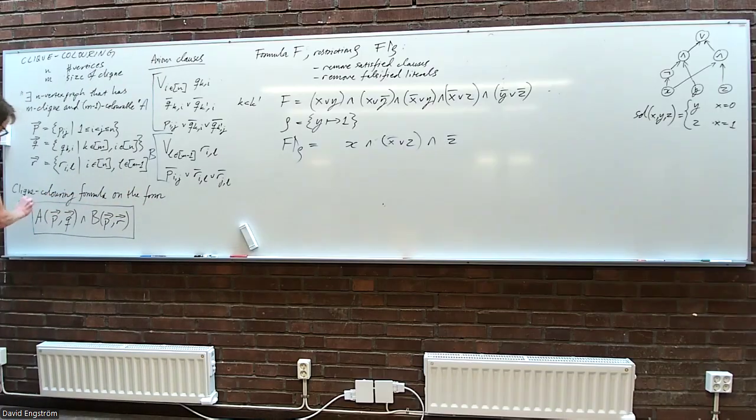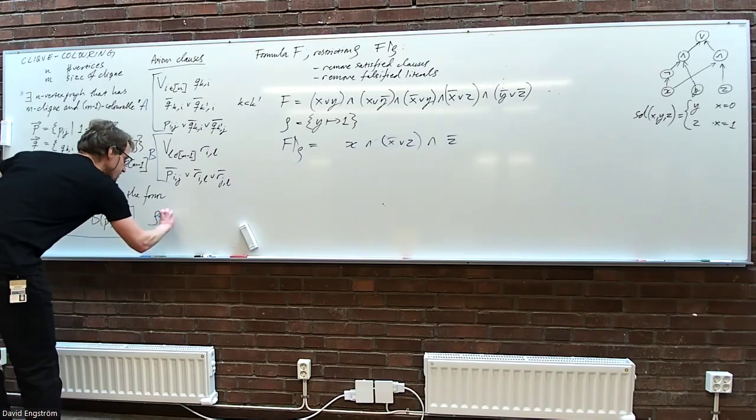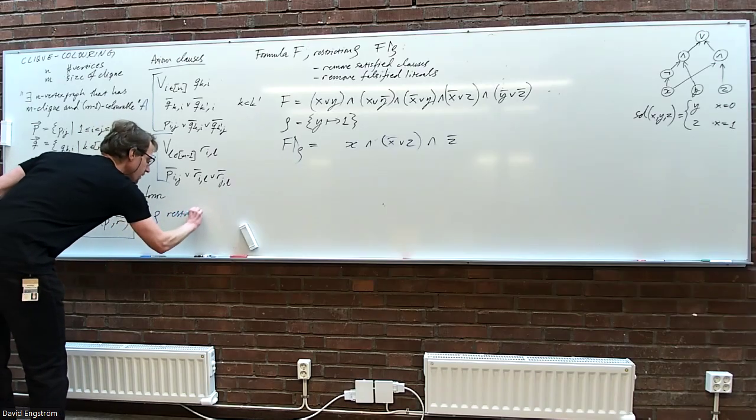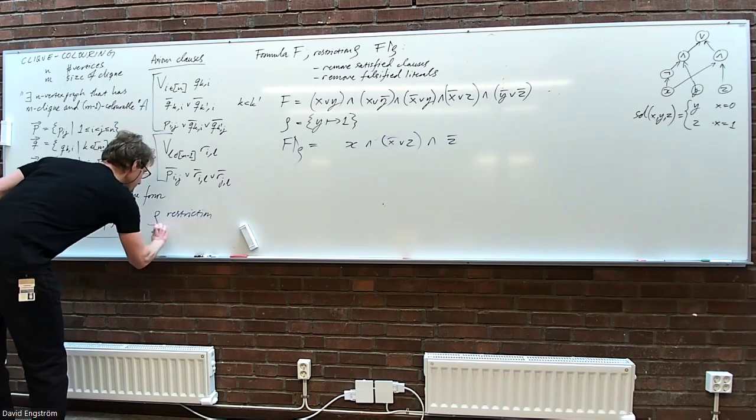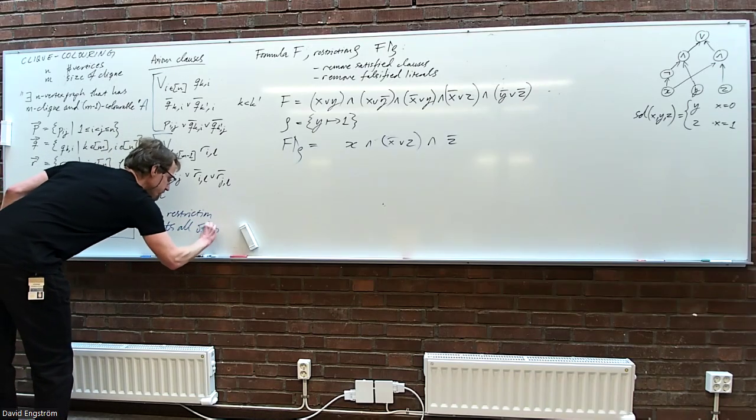And now let's look at this formula: A over P and Q variables and B over P and R variables. And suppose that rho is a restriction that sets all of the P variables.